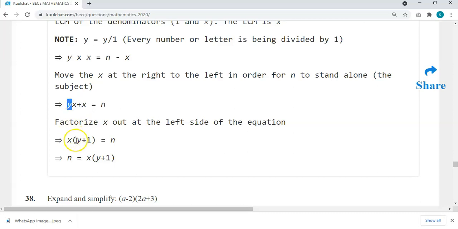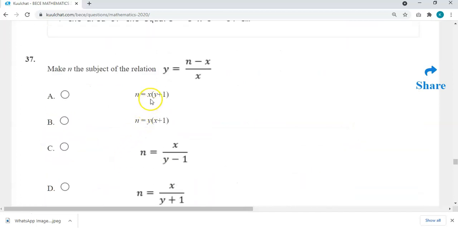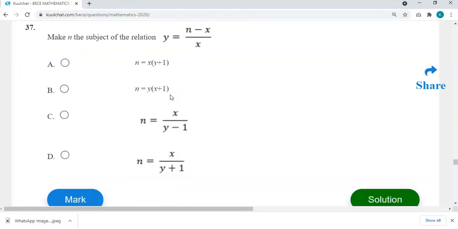Now x used to be here, and you've taken it out, so you need 1 over there, so that 1 times the x will give you the x which was here. You can change the order, it doesn't matter, but our n is equal to x into bracket y plus 1. So that's our answer, which is A.